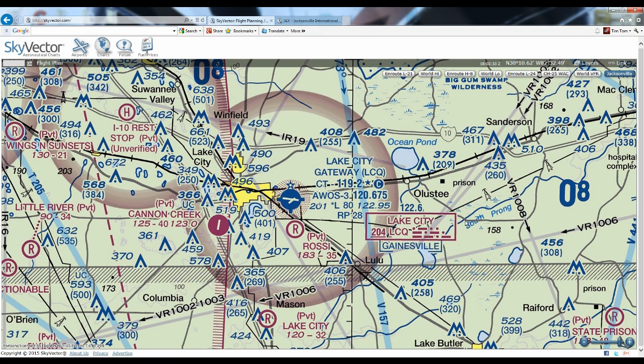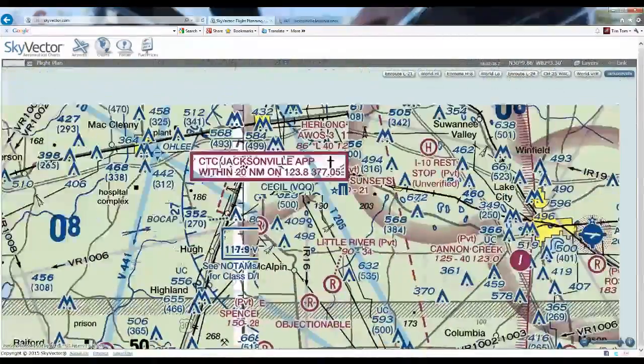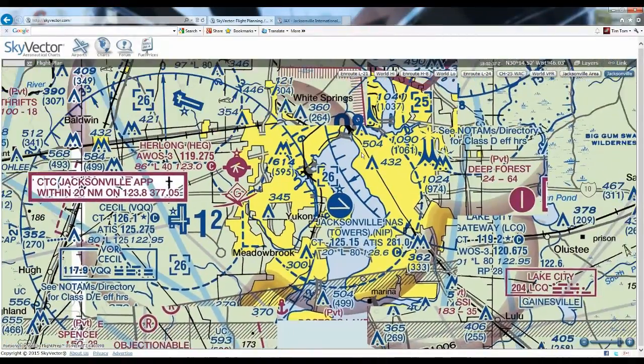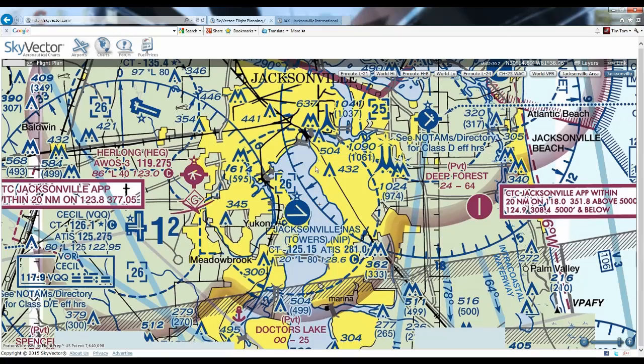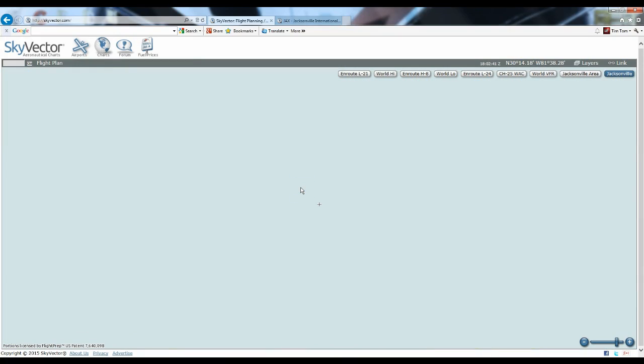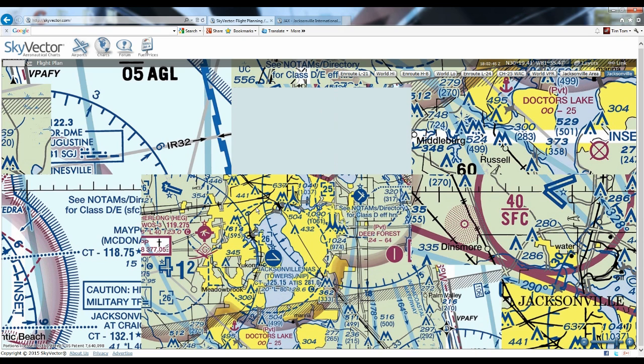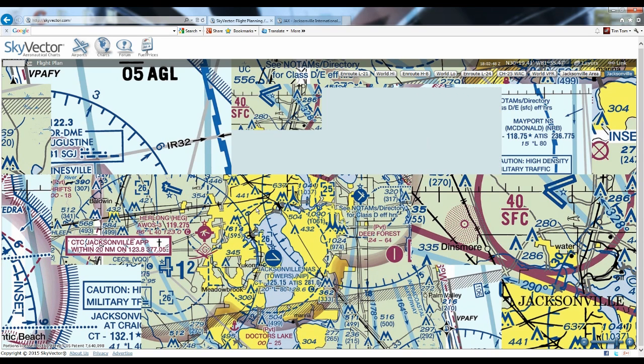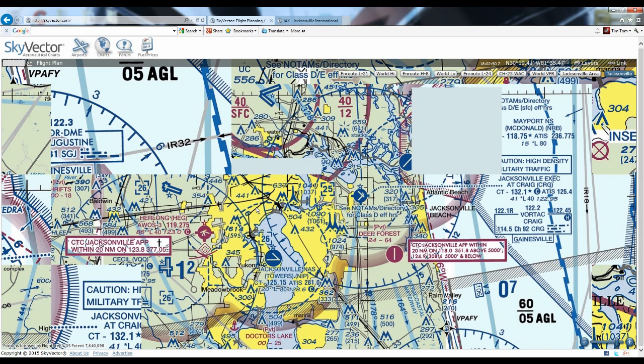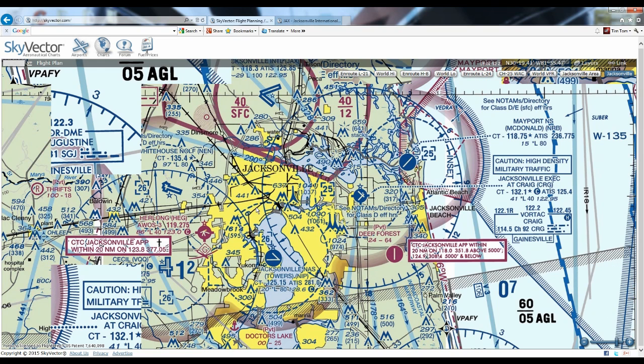So, airspace. Well, we've looked at some airspace already over here in the Jacksonville area. Let me zoom out a bit. So, what types of airspace are there? Well, this video is about reading charts, not about talking about different types of airspace. So I'm just going to go over how the airspace is depicted.